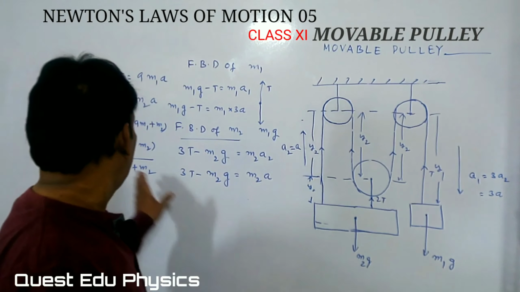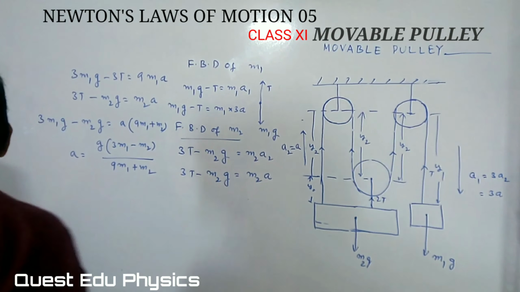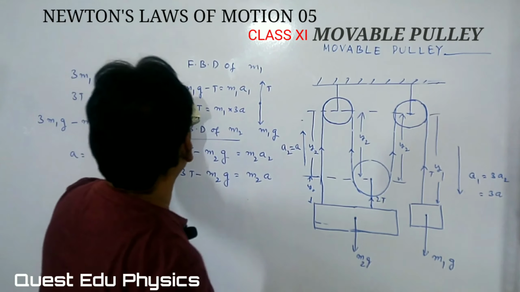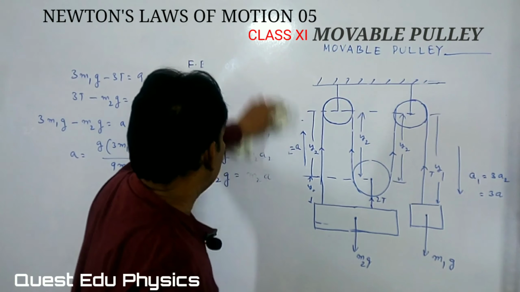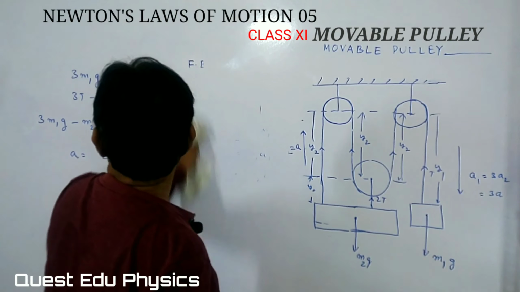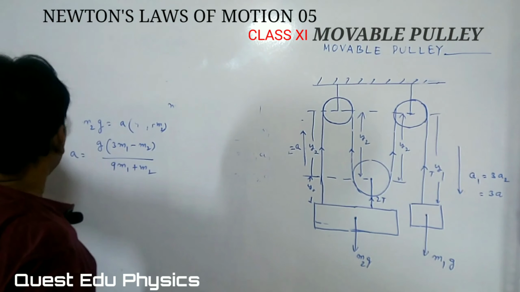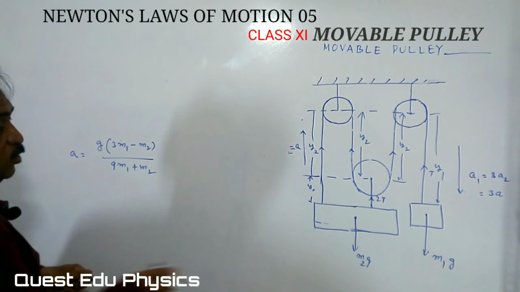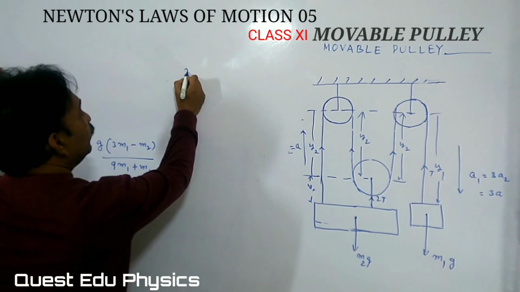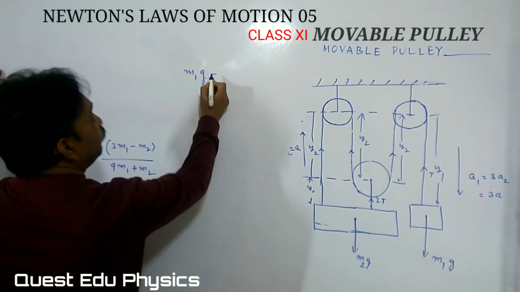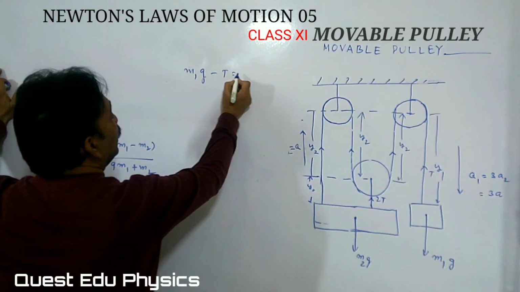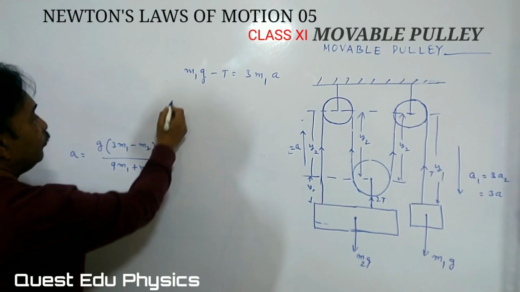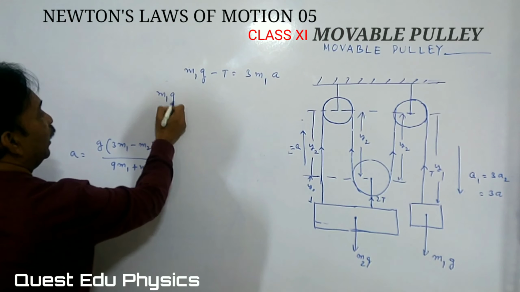Okay students, in this way we found the acceleration of the system. Let's find the tension. You know that m1g minus t is equal to 3m1 into a. Already we did this. We are substituting that value.